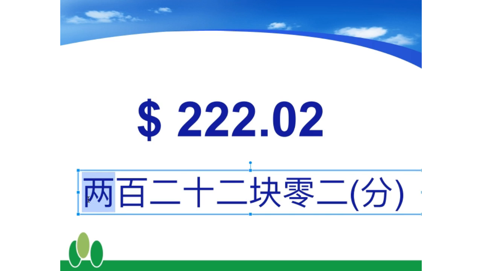The number 2 must turn into 两. So this is 两百. And then 22 is the number 22. It is not 2, so it doesn't change. It's 222块02. And the 零 here again expresses the placeholder, 毛 unit, which doesn't exist, and it's 2 cents, 2分, or 2分钱. 222块02, or I could say 222块02分.